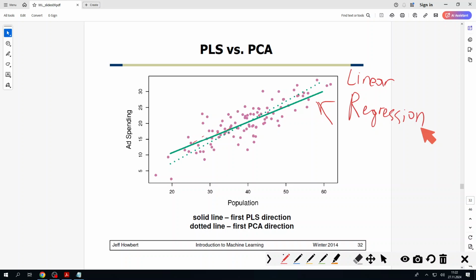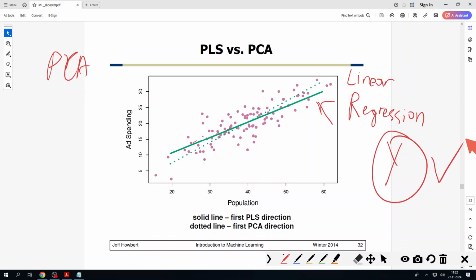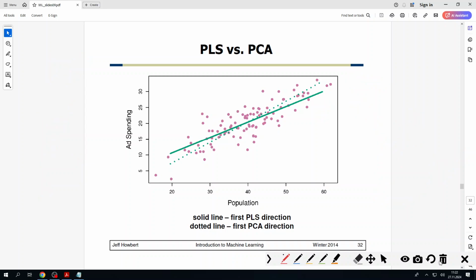And well, the only reason why we didn't do that for PCA is that linear regression requires you to know your outputs y, whereas in the PCA algorithm we don't have these outputs y. We don't know the correct answers, and you cannot use linear regression there because of that. Here, in a supervised problem, we do know the correct answers y, and because of that, we can approximate this line by linear regression.